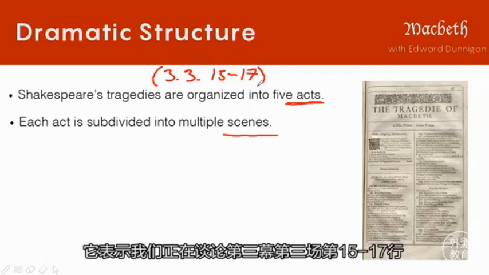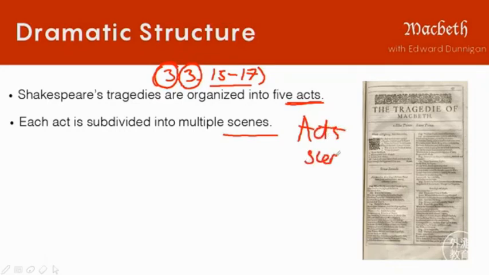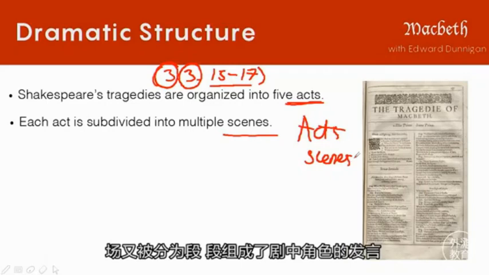What this means is that we're talking about the third act, the third scene, and lines 15 to 17. So Shakespearean drama is always divided into acts. The acts are divided into scenes, and then the scenes are divided into lines of speech by characters.